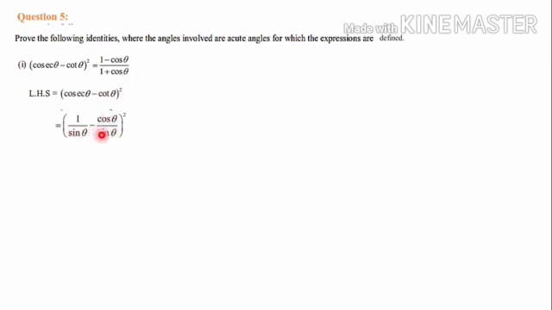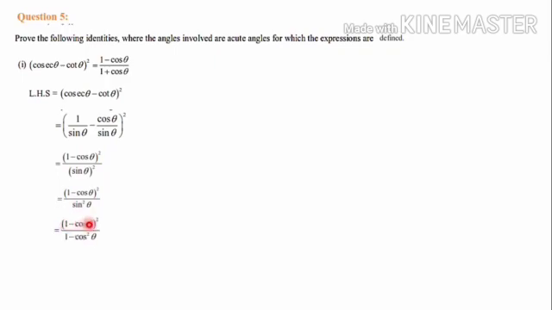Denominator sin theta we can take as the common LCM. That is sin theta, and when you take the common LCM there is a square outside, it becomes sin theta the whole square. The numerator comes as 1 minus cos theta the whole square. Nothing to multiply because both the terms have the same denominator, that is sin theta. Then 1 minus cos theta the whole square divided by the denominator, sin theta the whole square, we can write it as sin square theta.